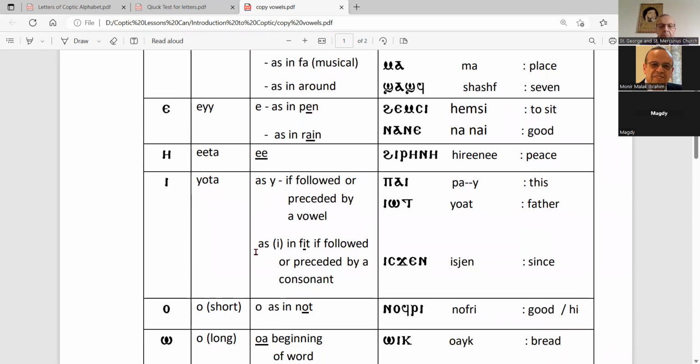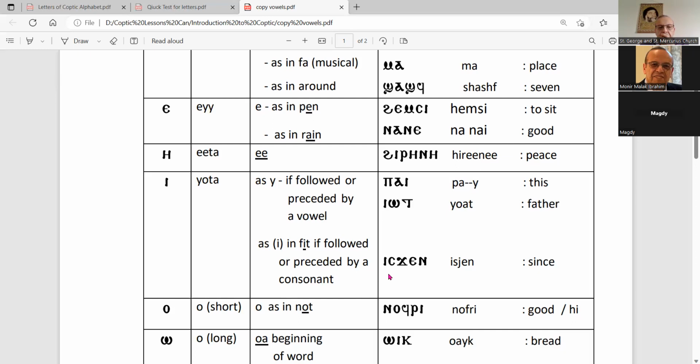The next pronunciation is like the I in fit, if followed or preceded by a consonant. So at the top here, if it was followed or preceded by a vowel; here, if it is followed or preceded by a consonant.